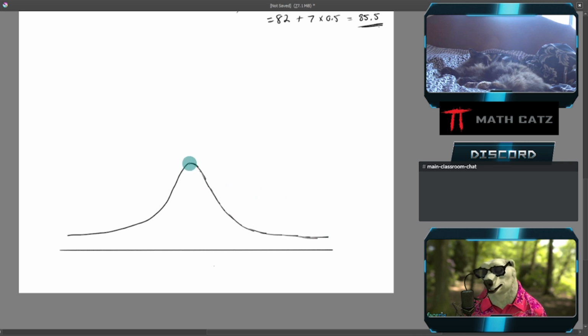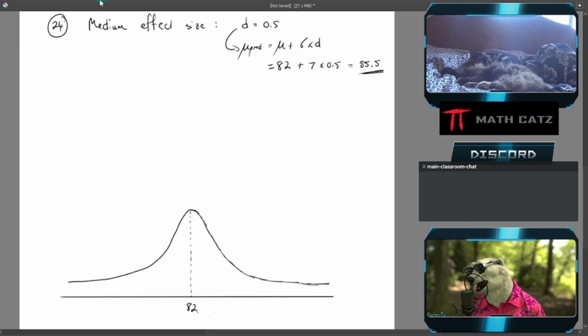So we are testing our null hypothesis against this mean of 82. Remember, the distribution of means is what we're using because we have a sample larger than 1.